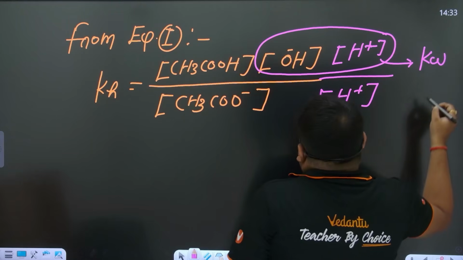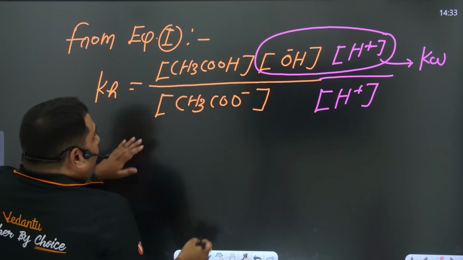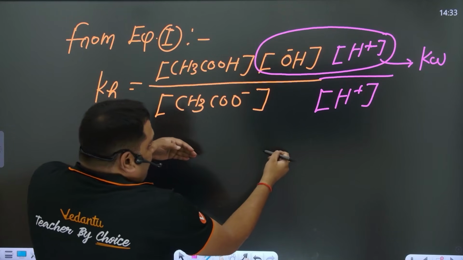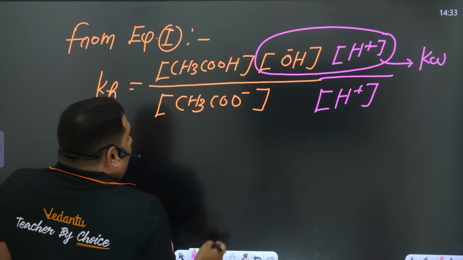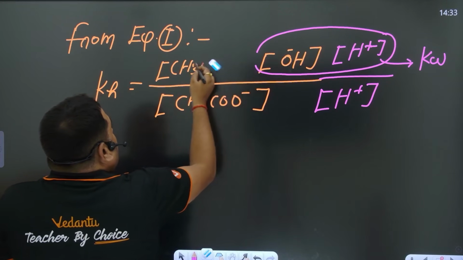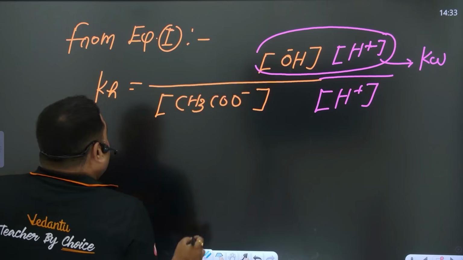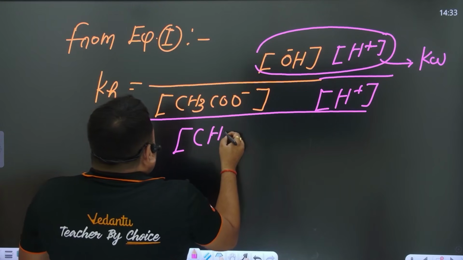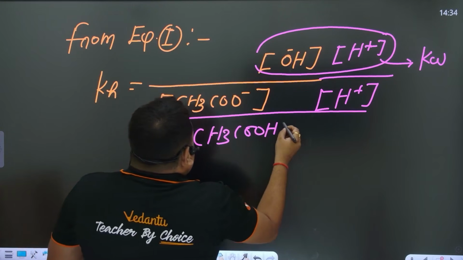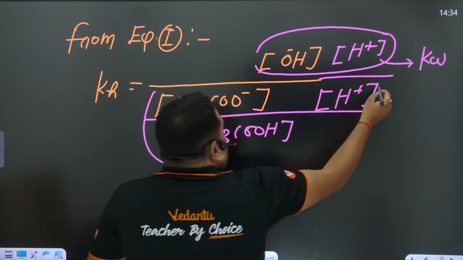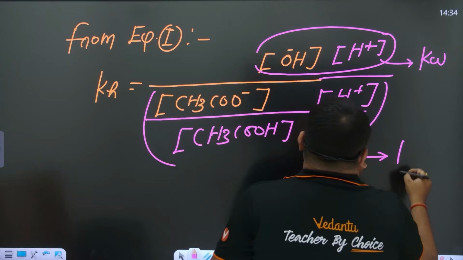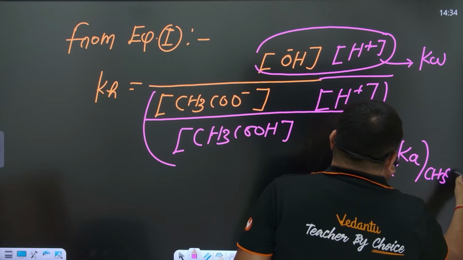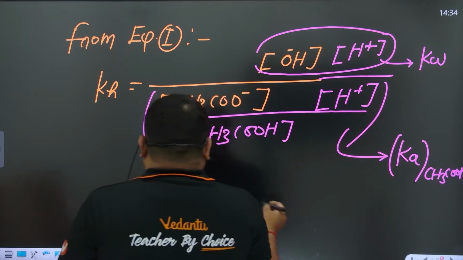Kw, right? And now see, if we take this concentration of acetic acid in the denominator, then can I move it in this way? If we rearrange it, CH3COOH. Now you have to see this value is what? This value is Ka for the acetic acid. Do you know?